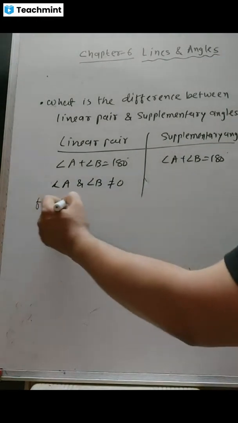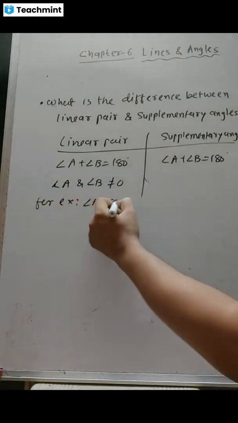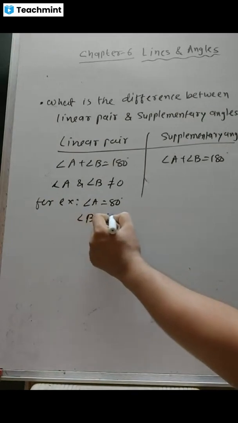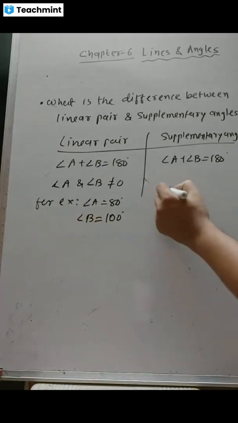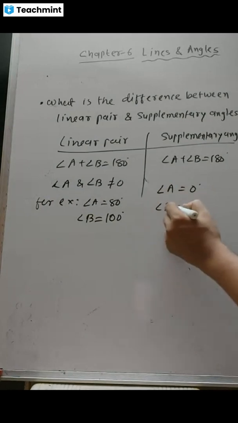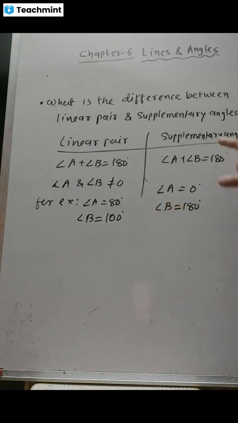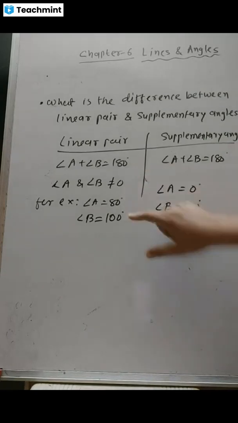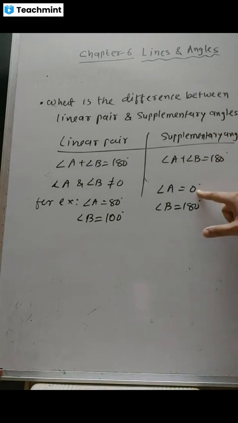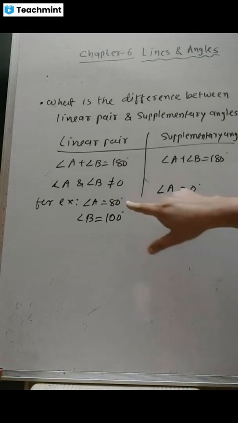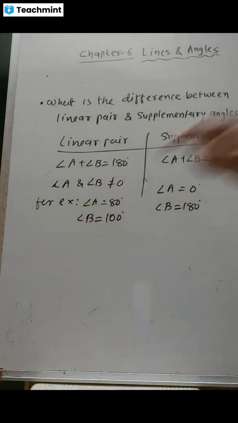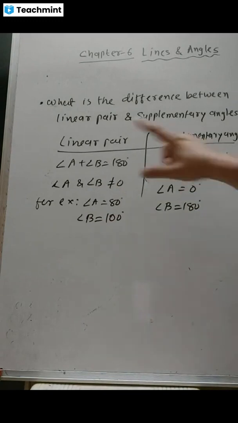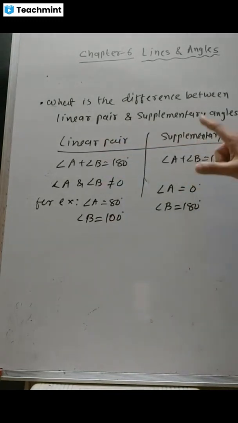For example, angle A is 80 degrees, therefore angle B is 100 degrees. Here angle A is 0 degrees, therefore angle B is 180 degrees. That condition is true only for supplementary angles, not for a linear pair.